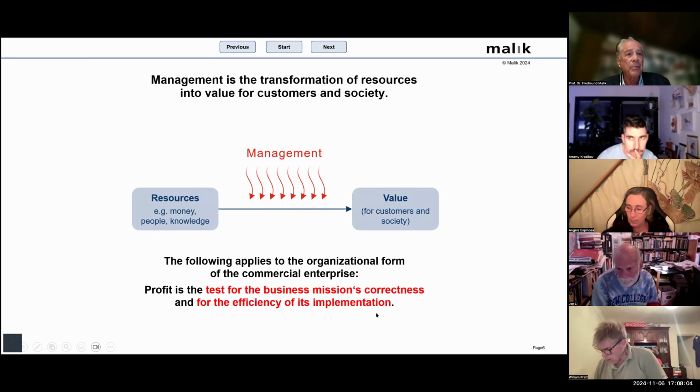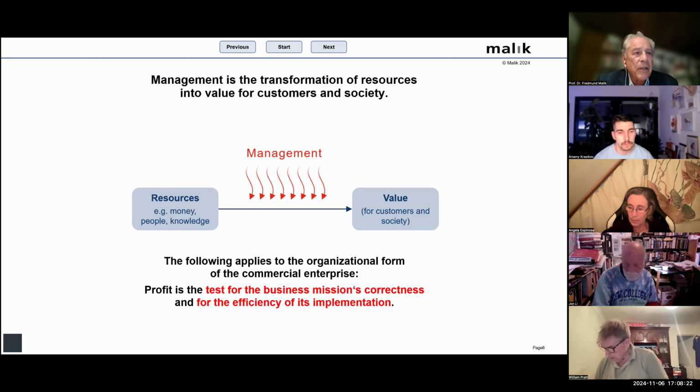The following applies to the organizational form of the commercial enterprise. Profit is the test for the business mission's correctness and for the efficiency of its implementation. I know there might be very many definitions of management, but I thought that this could be a very useful one to define it this way.